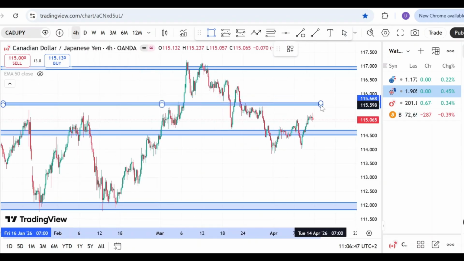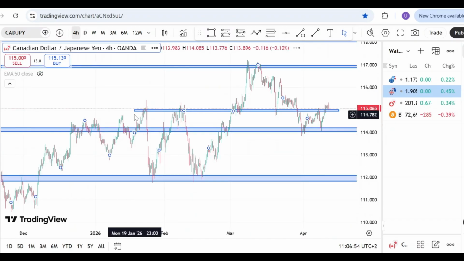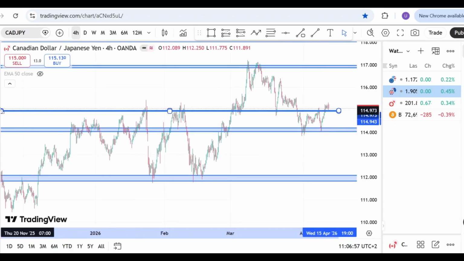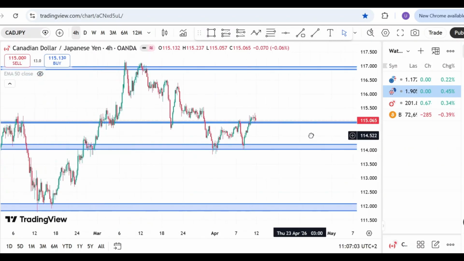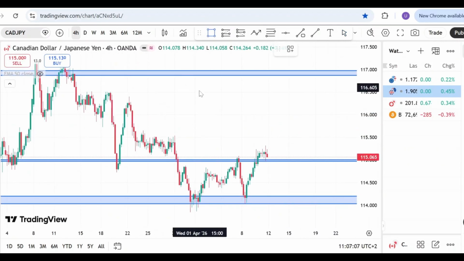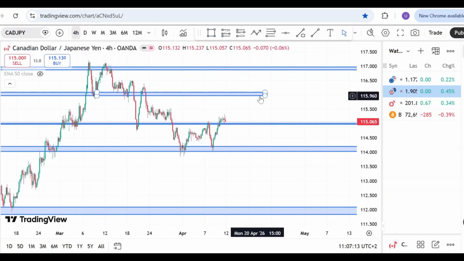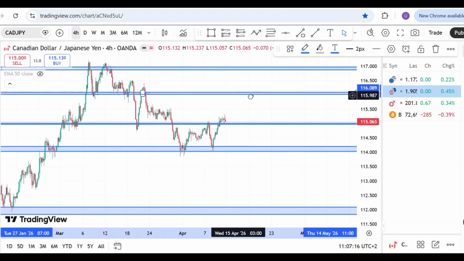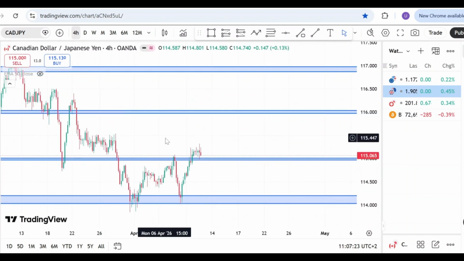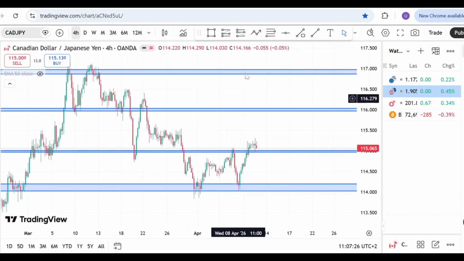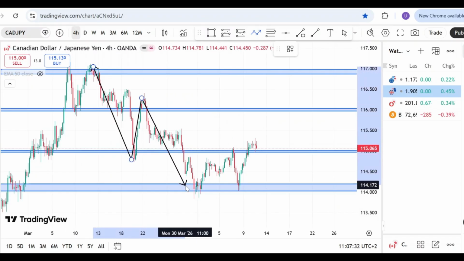Now you can see clearly that we are in an uptrend, because lately we had been in a downtrend: lower low here, lower high here, lower low here.